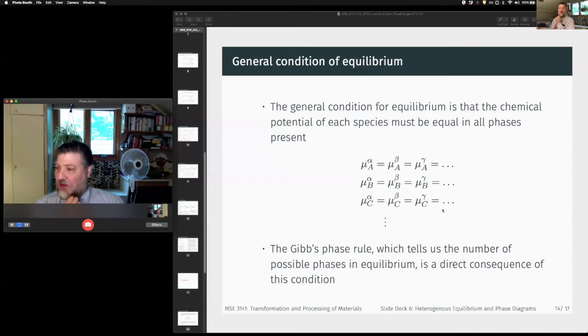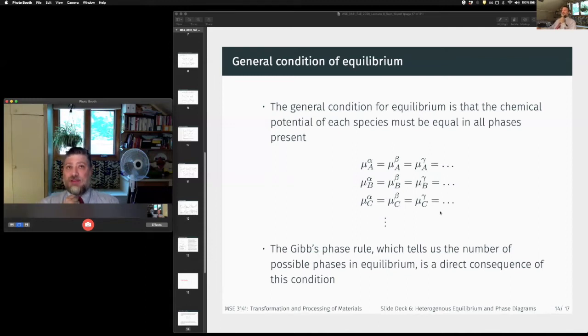Right? We know if I have just plain water, I can find a combination of temperature and pressure where I have ice, liquid water, and water vapor all in equilibrium, right? That's at the triple point of the system.